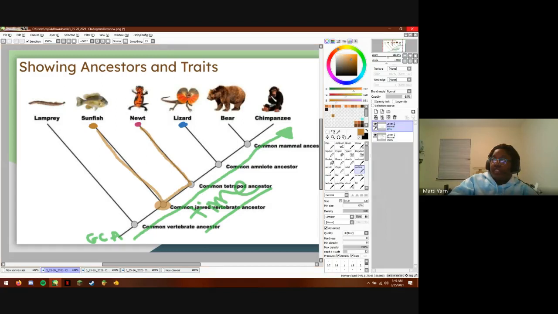All right, and then we're going to take the blue for the lizard. We've got to find the lizard and find the newt, and we're going to go back until it hits that node. Boom. So I'm going to abbreviate NL for the newt lizard common ancestor. I need to make a smaller brush because this is running out of space. And then we've got the sunfish newt common ancestor here.